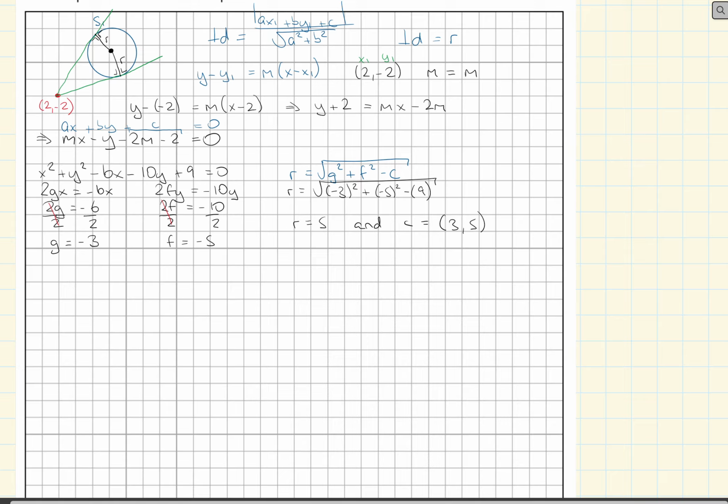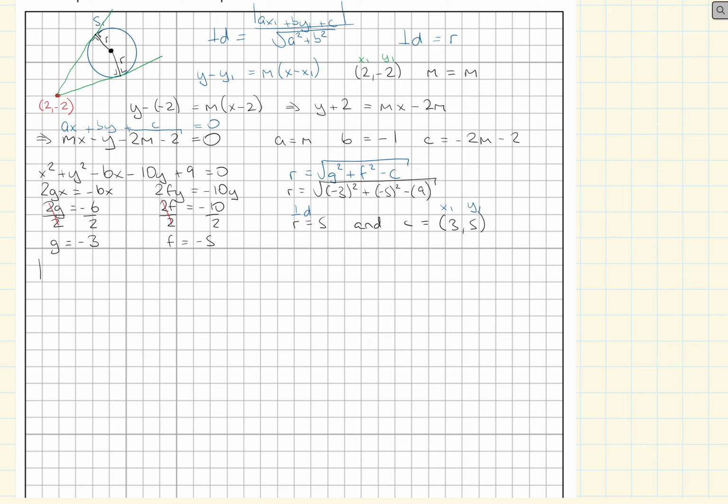Okay, so for the perpendicular distance formula, we know a value equals m, my b value is minus 1, and my c value is minus 2m minus 2. So we get the modulus of, this is perpendicular distance, and this here is x1 and y1.